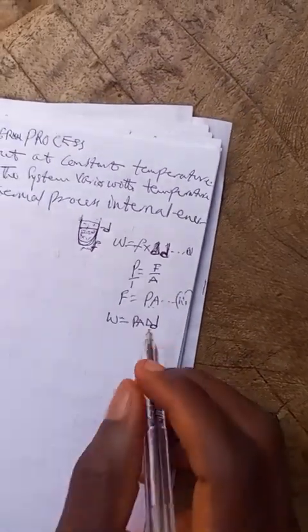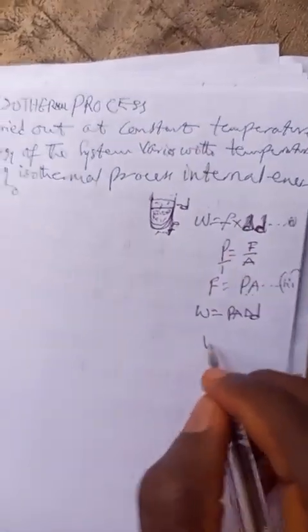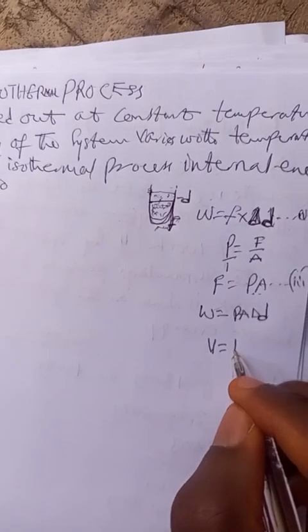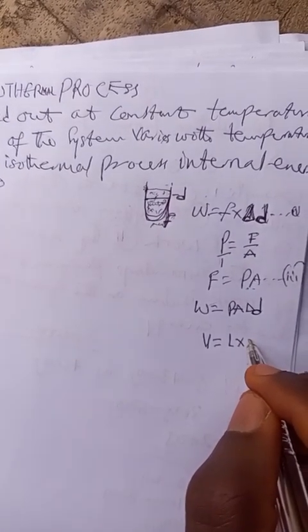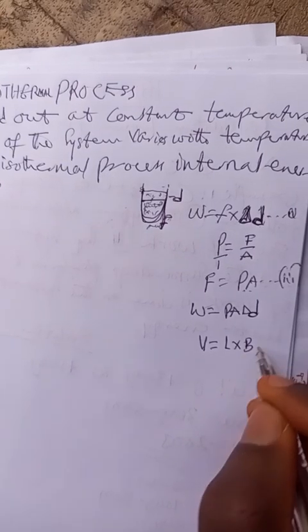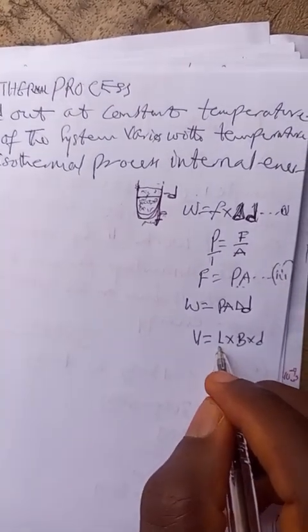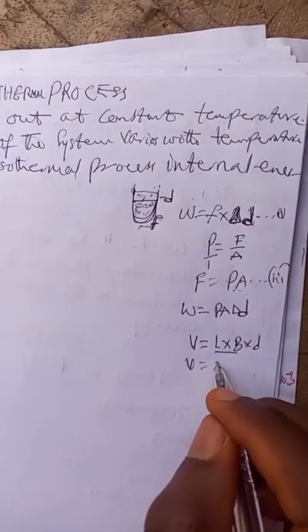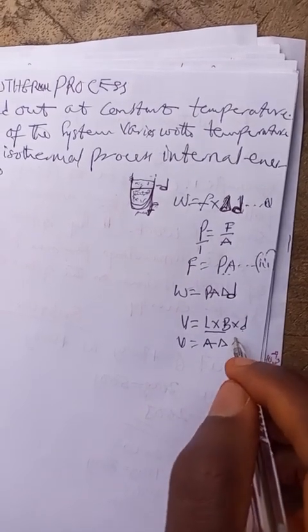Now, if we move further, we know that volume V is equal to length times breadth times height, or we say distance. It's still the same thing. Length times breadth is area. So we can say V is equal to A delta D, which is distance.